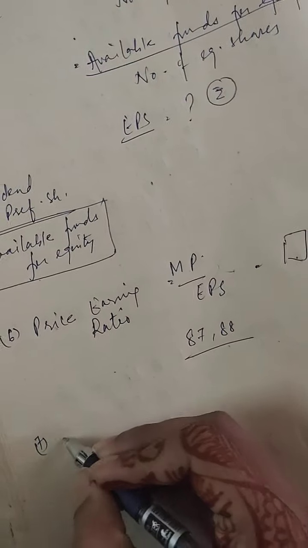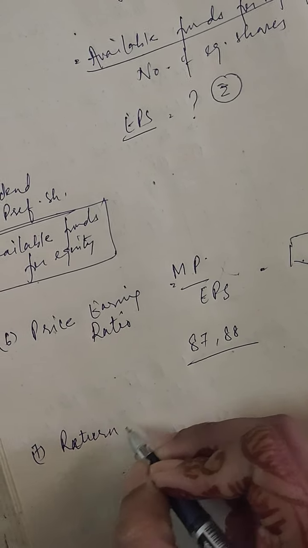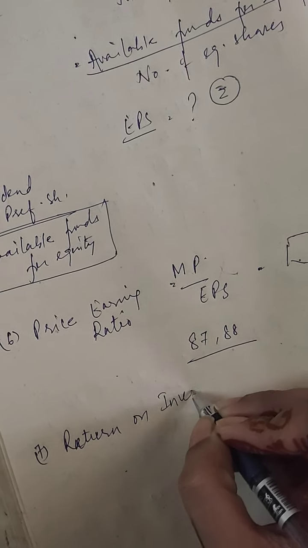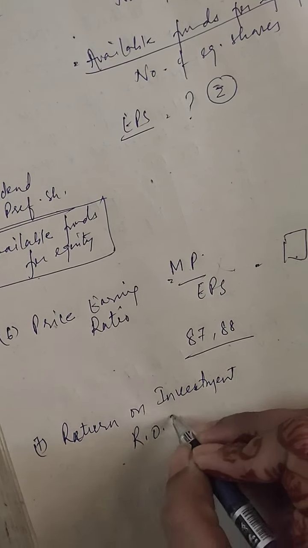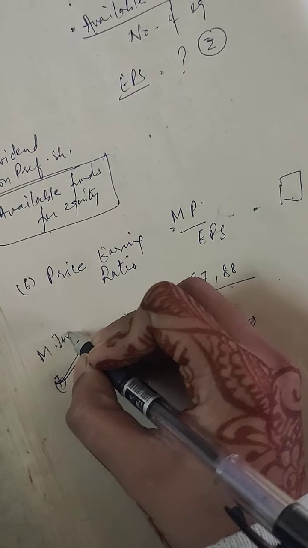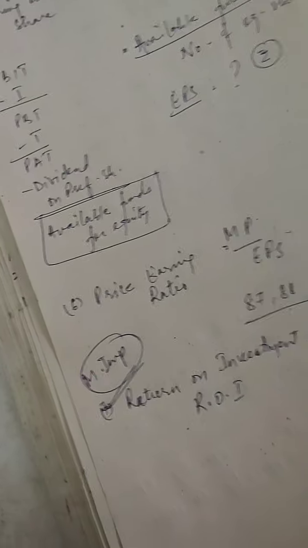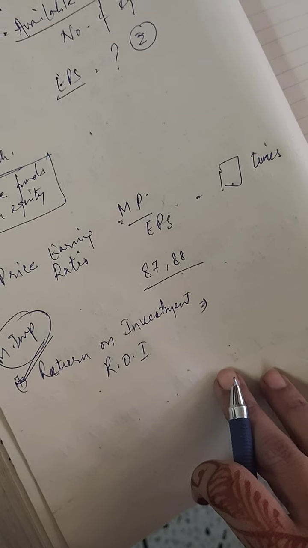The last ratio of this chapter, the 17th one, is return on investment ratio, also called ROI. And the most important one, right? That means the ones you are going to get in the exam are proprietary ratio and return on investment ratio.